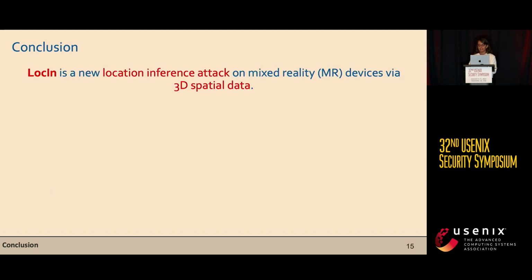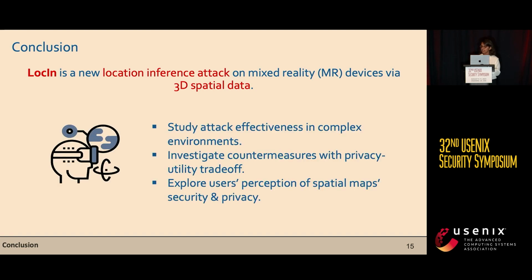So through LocIn, we make a step towards understanding the security and privacy risks associated with spatial maps on mixed reality devices. In our work, we also explored countermeasures against this attack. Of course, an immediate solution is to just limit the spatial map access to mixed reality applications. However, this is not feasible since they have important utility for mixed reality applications.